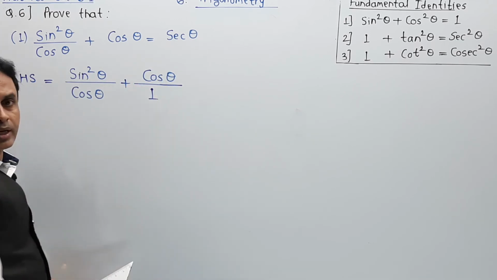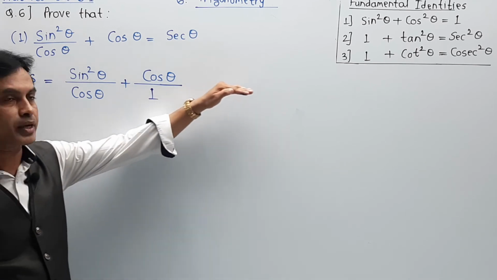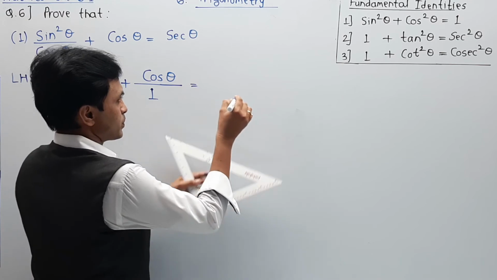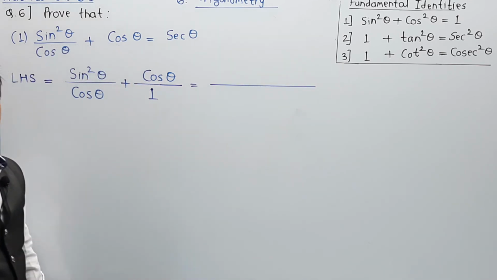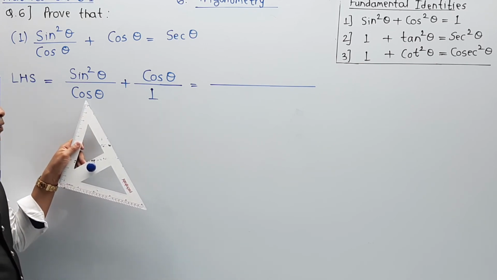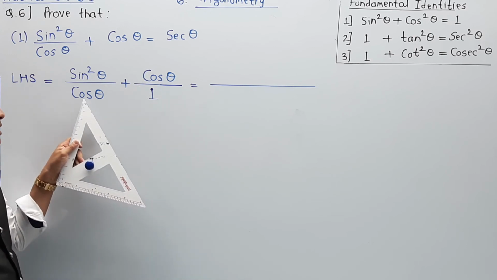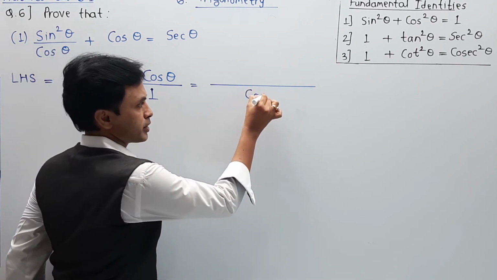Now the next step. No doubt you are going to write all the steps down in one direction, but I am going to use the space as first, second, like that, so you can easily observe. Next is equal to, here first of all we make the product of base with base. The first unit has base cos theta and the second unit has base 1, so the product cos theta into 1, my common base becomes cos theta.